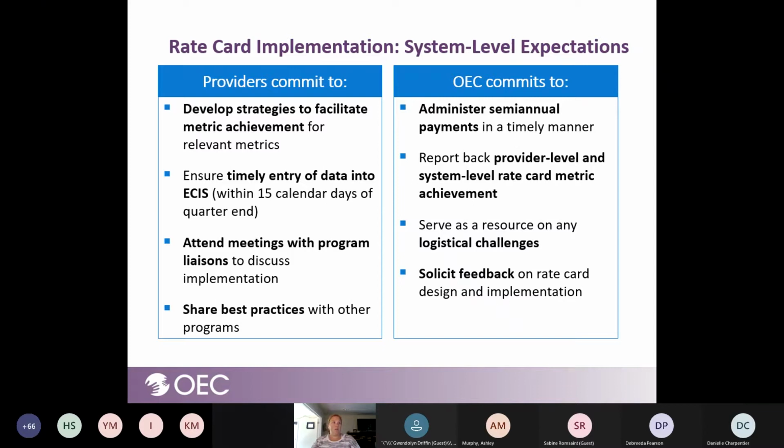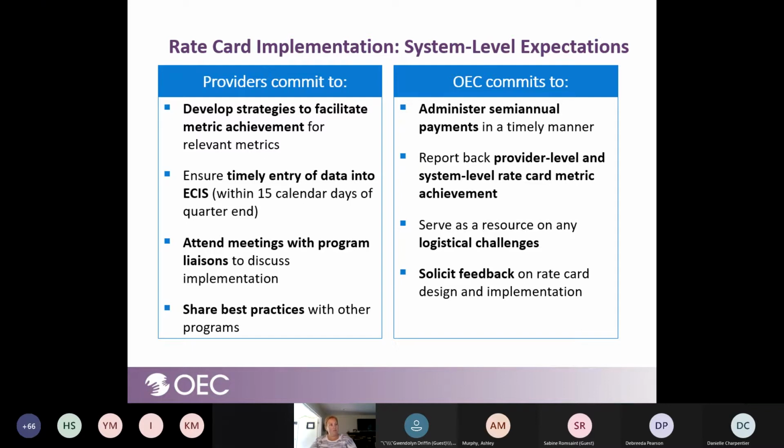For instance, for the caregiver education and training or employment metric, information should be entered into ECIS up to 15 calendar days after the last day of the quarter. We expect you to attend meetings with your program liaisons to discuss implementation progress and performance management and share best practices with other programs.